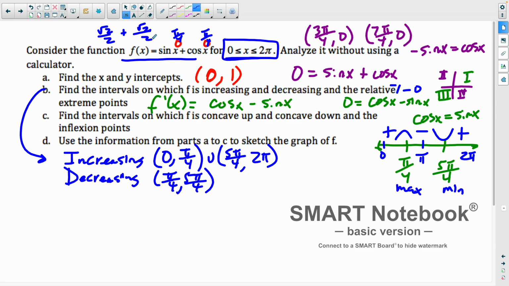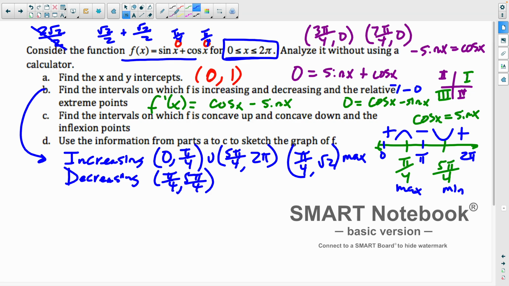If I were to add those two things together, they do have common denominators. If I add them together, I would get 2 square roots of 2 over 2. These 2's would cancel, so I'm talking square root of 2. So at pi over 4, square root of 2 is my max.